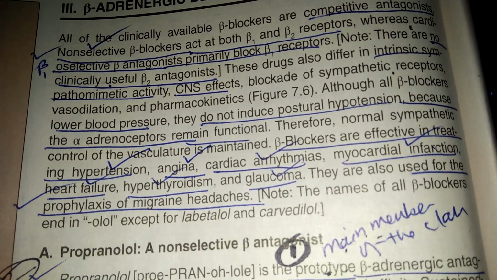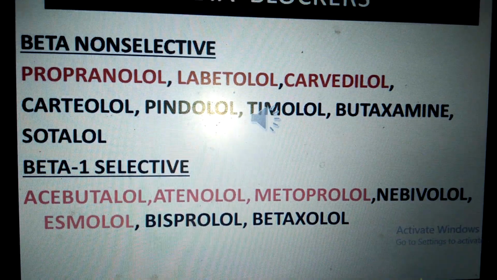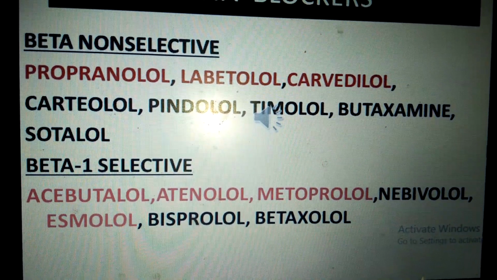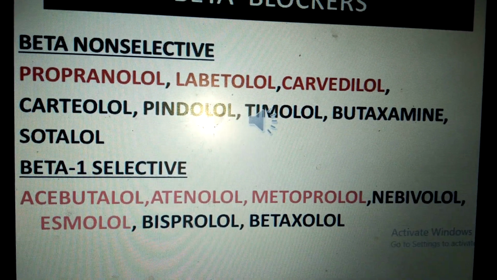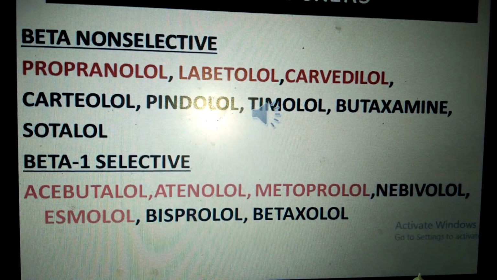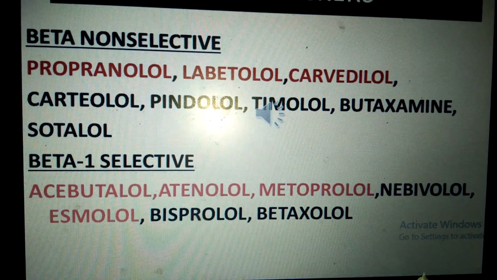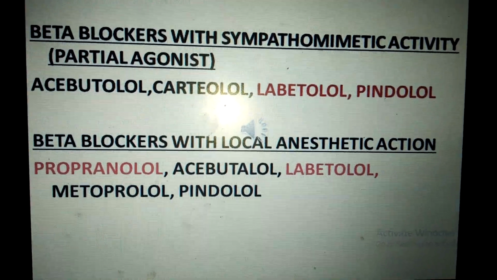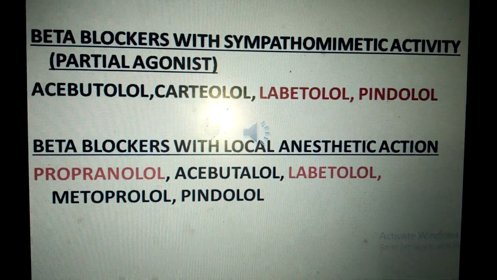maybe for MCQ point of view. In this slide, just go through the members of beta non-selective and beta 1 selective. Remember all the names of beta non-selective and beta 1 selective. They are very important. Okay, in next slide you can see beta blockers with sympathomimetic activity.